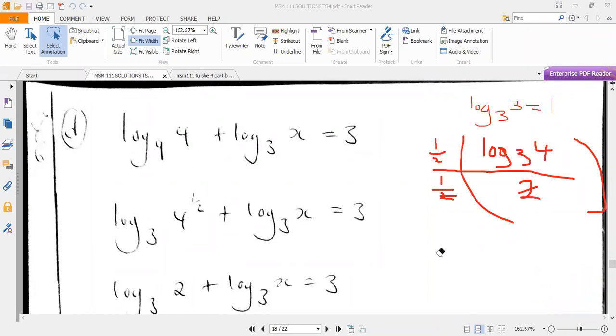So when these 2 cancel, we have something like 1 over 2 log base 3 of 4, isn't it?